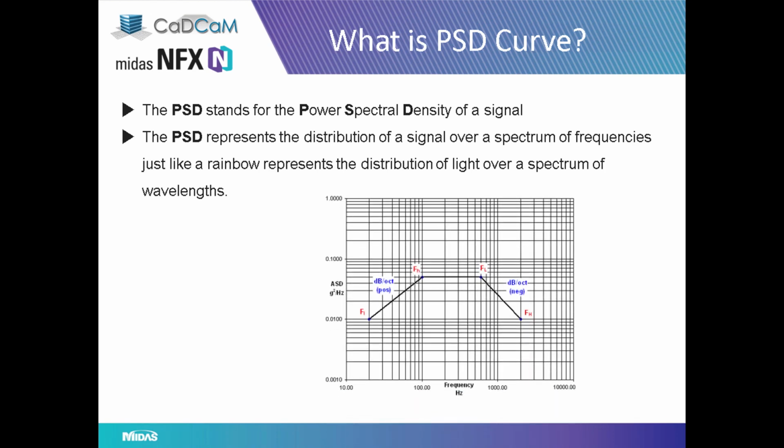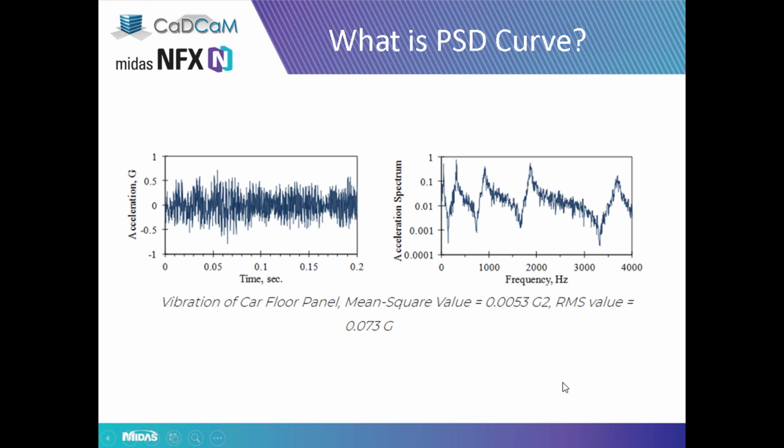Here we have an example of a random load that we apply to the system. In the vertical axis we have the ASD or the PSD in units of G square per hertz, and the horizontal axis is the spectrum, which means the frequencies with which we load the system. Here in this example it is between 10 Hertz and 10,000 Hertz.